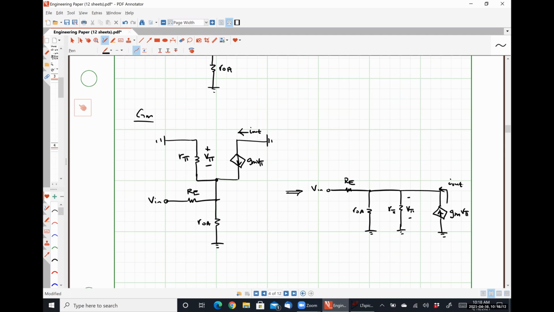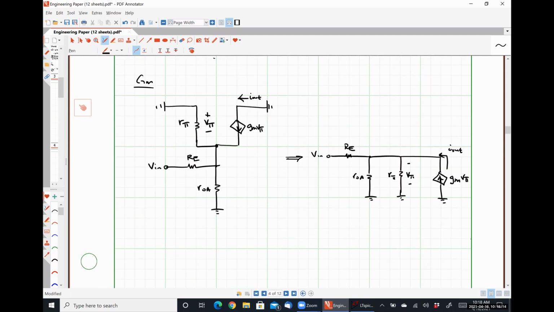Okay, so recognizing that I out is just GM V pi, we can figure out what V pi is just using good old voltage division right here. Because I have R naught A in parallel with R pi in parallel with, what's this going to look like? 1 over GM, right?